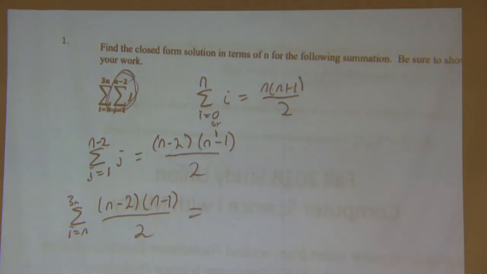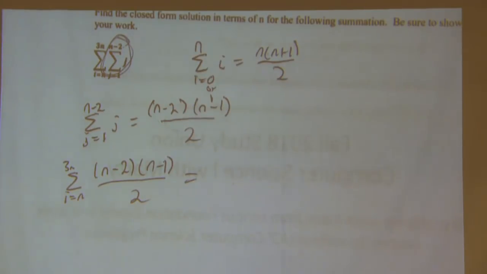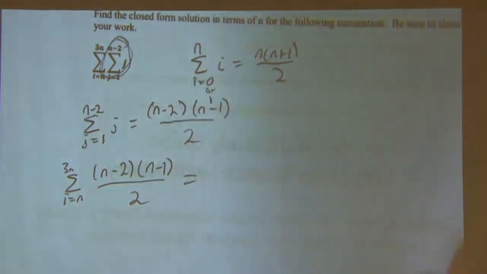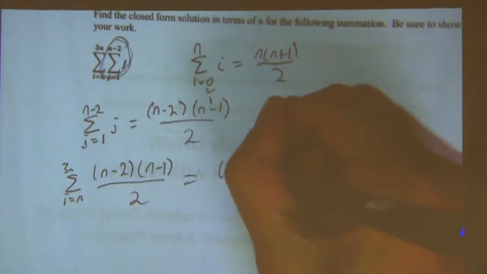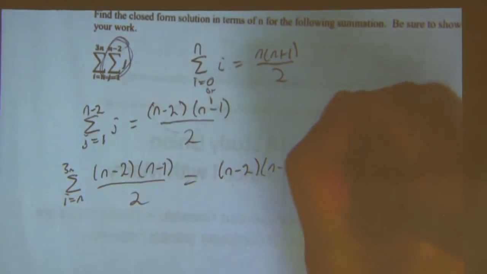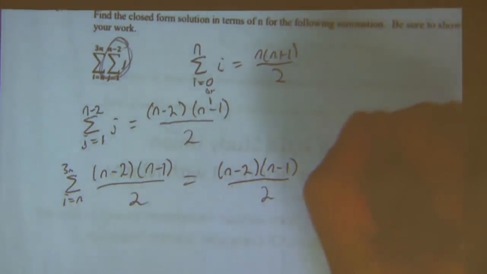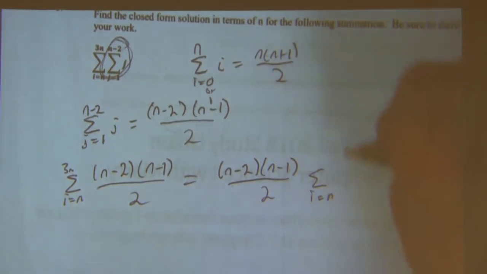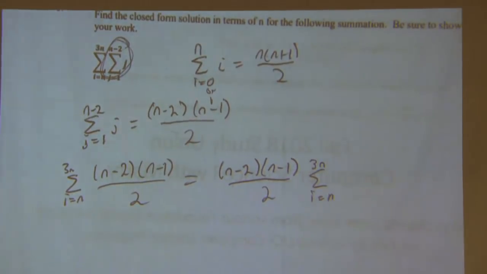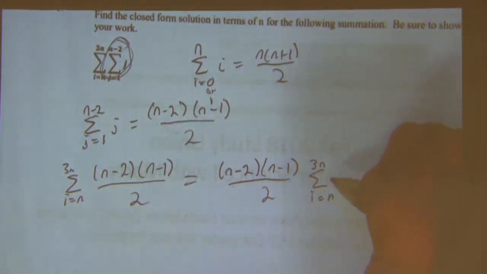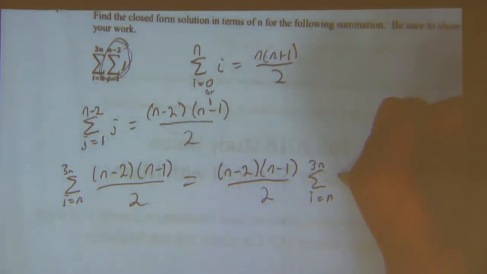Cool. From here, I see that i is our looping variable, and so the n's are considered constants. I can pull that whole thing out of the summation, and it'll make it a lot easier to work with. So I do n minus 2 times n minus 1 all over 2, and then a sum from i equals n to 3n. Since I factored out the whole thing, I'm just left with a 1.